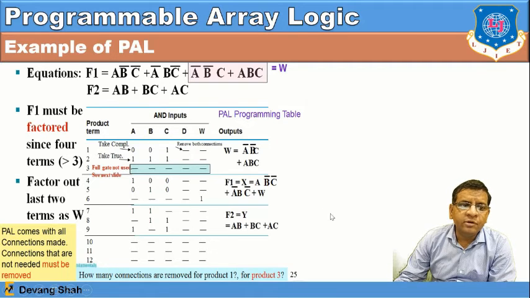Based on that, f1 must be factored, since the terms are 3, and the last two terms are factored as w. That w I'm going to use as a part of my programmable path. From this particular min term, you can make the full gate not used.